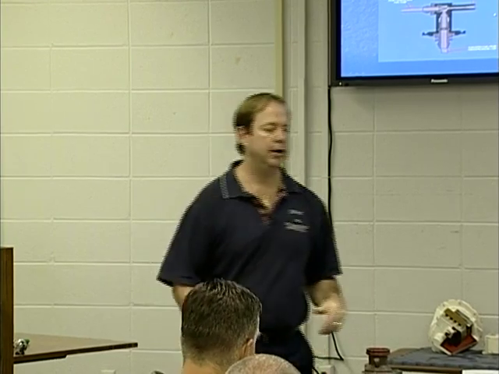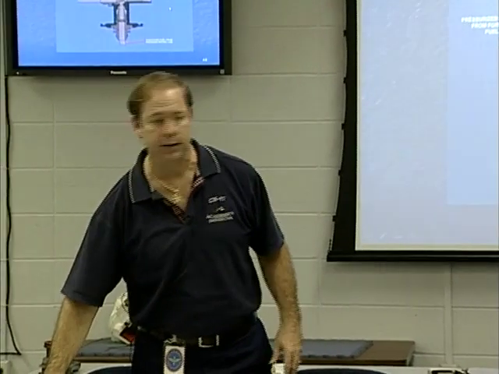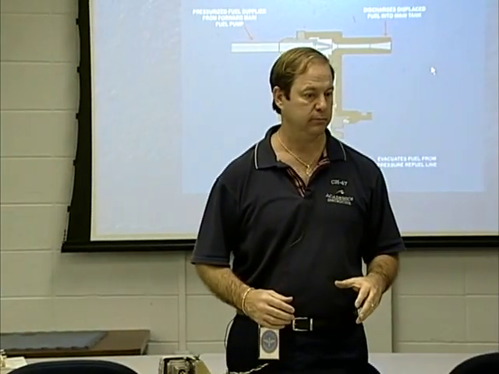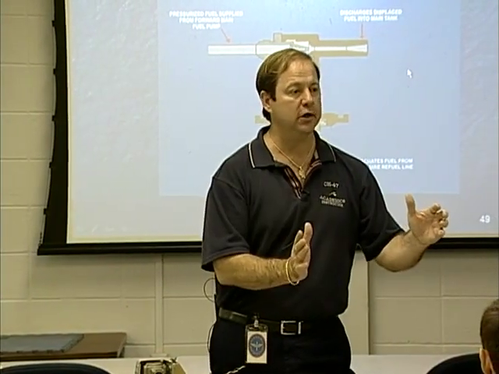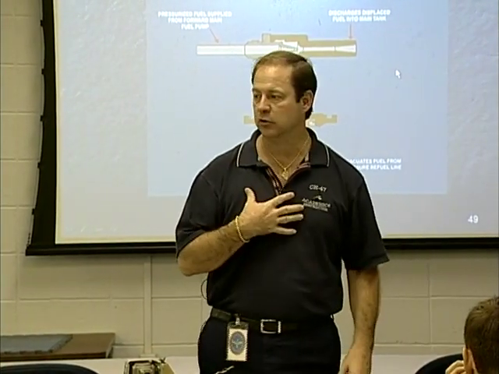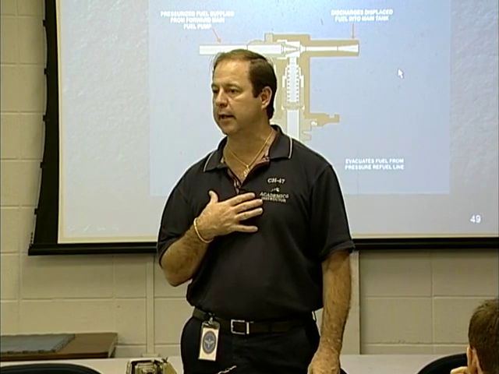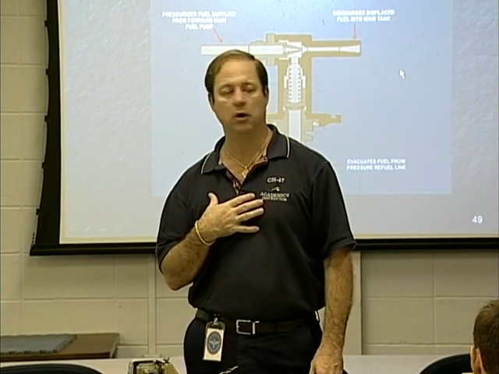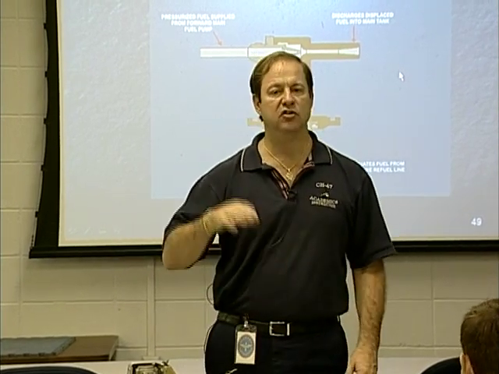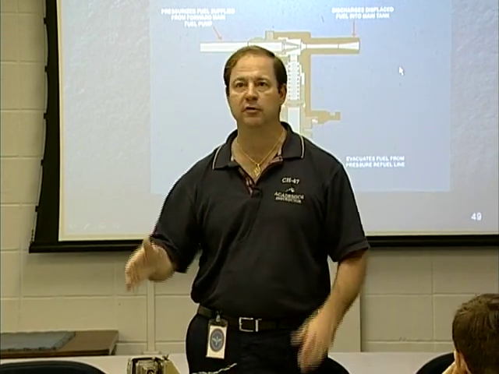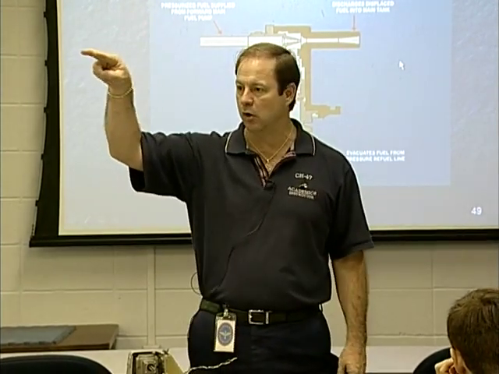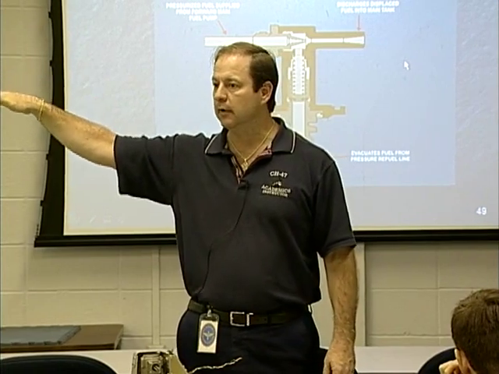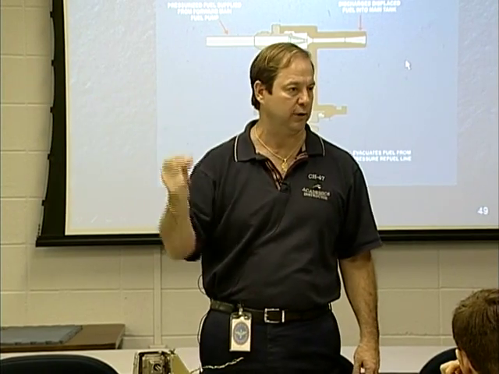Which means what? Let's make sure we're all on the same sheet of music. We fly from point A to point B, and we take on gas. As long as we're going to take off again, do the crew members have to worry about evacuating that line? No. Why? Because as soon as we turn those main pumps on to fly, that process is going to happen naturally.